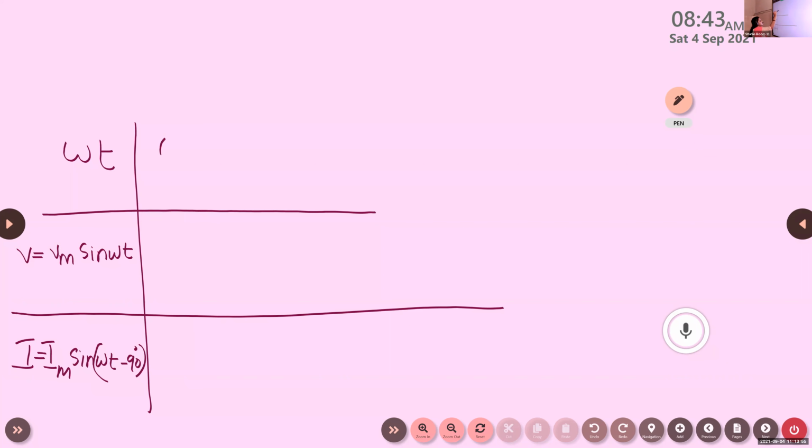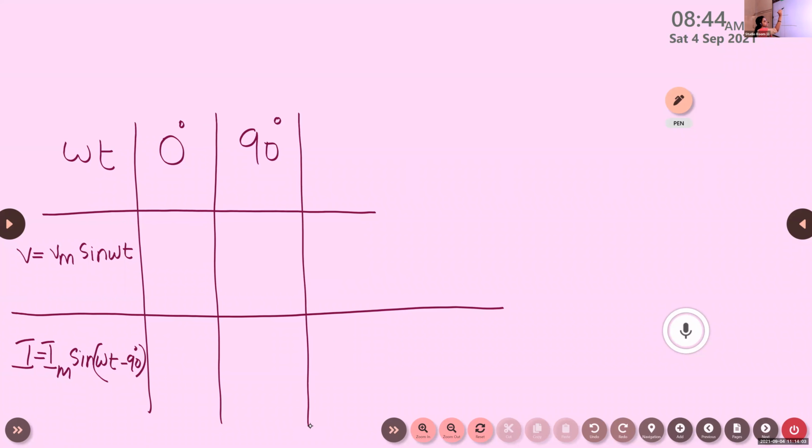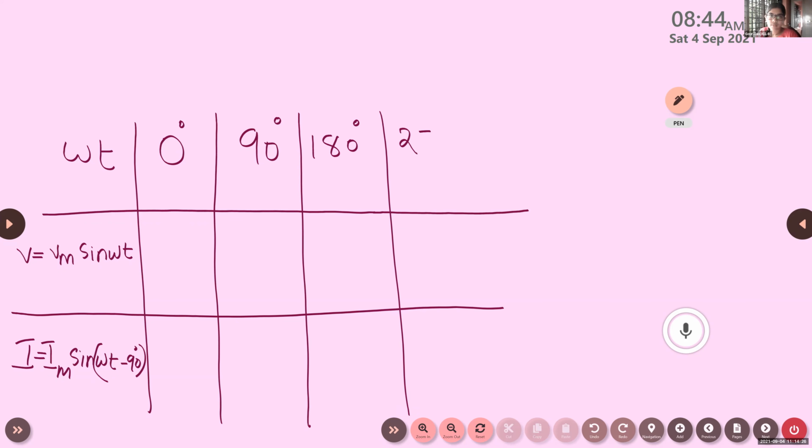Our angles are 0 degrees, 90 degrees, and the alternate angles, because alternating current varies at alternate or regular intervals, so 180 degrees. What is our next angle? 0, 90, 180, after that 270, then 360.